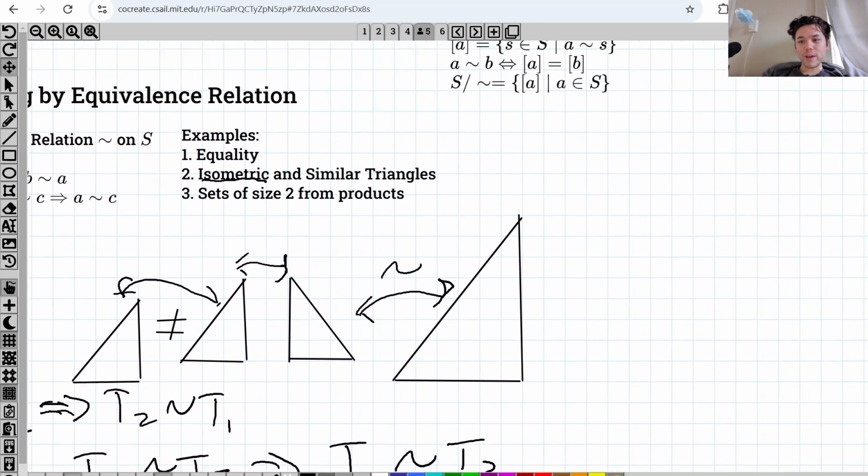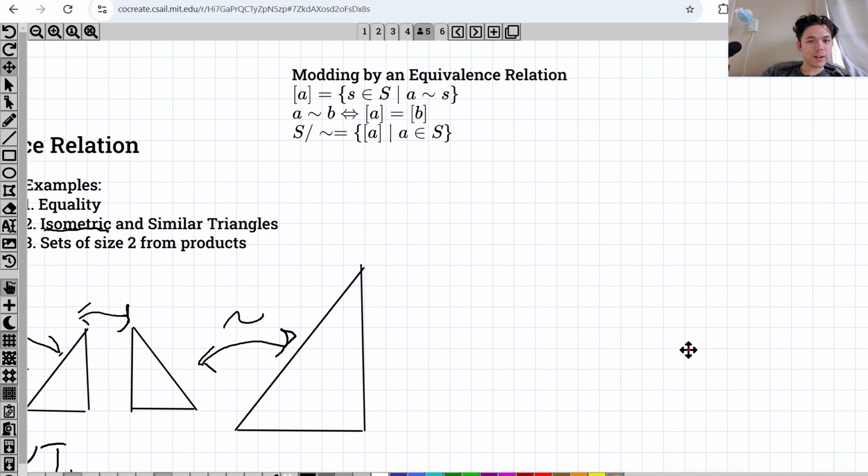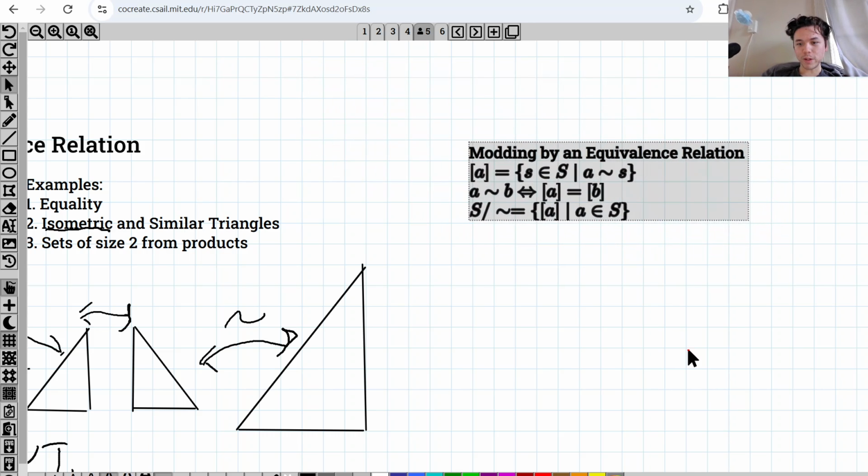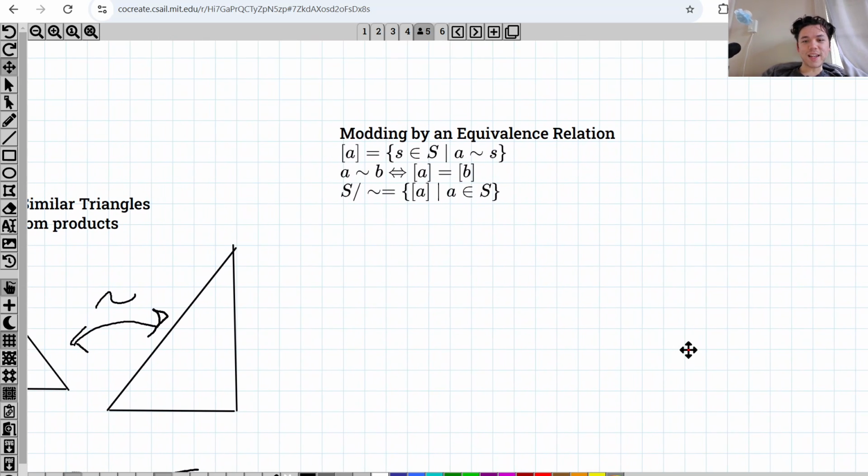Well, now that we have a notion of similarity, we can do something called modding by an equivalence relation. And this is the real bread and butter that we use all over algebra. All the algebraic constructions often involve, if not explicitly, some modding by an equivalence relation happening.